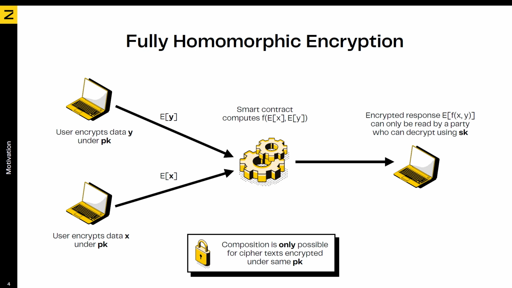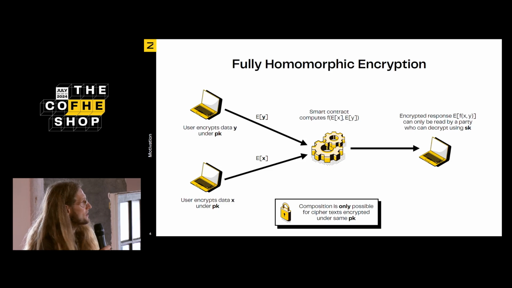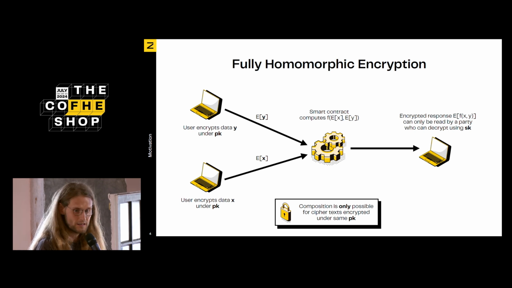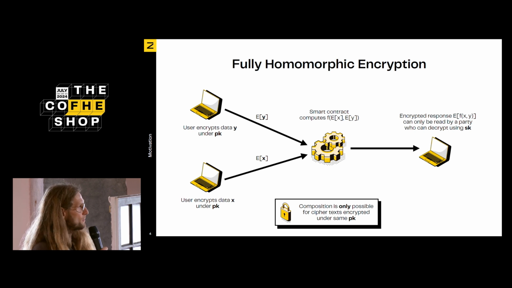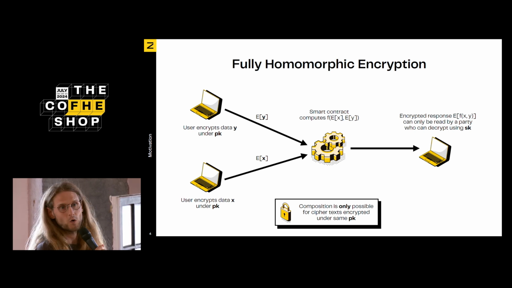Before we dive into the details of problems in relation to key management for this, let me just rehash broadly what fully homomorphic encryption is. Basically, it's the setting where you have a public key encryption scheme, with a public and a private key, where parties can encrypt whatever they want under the public key, and only the holder of the private key or the secret key can decrypt.